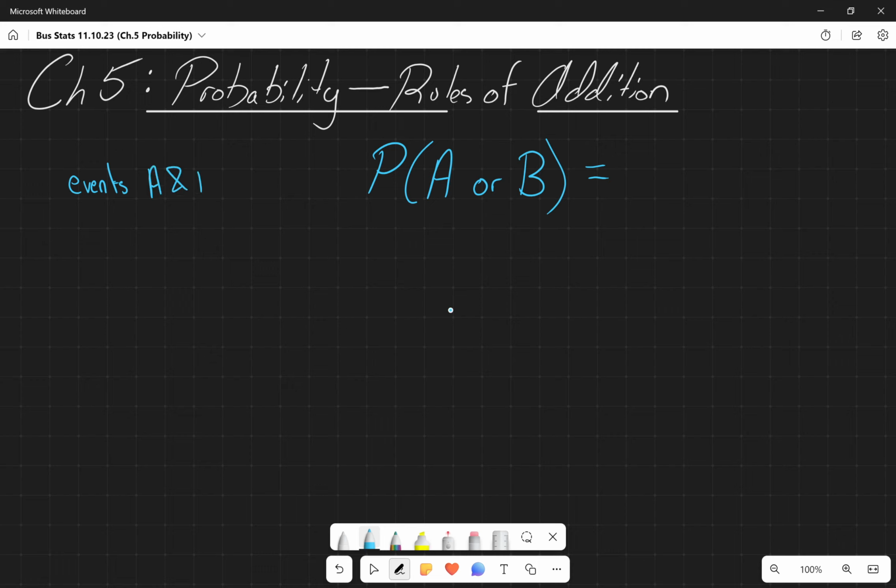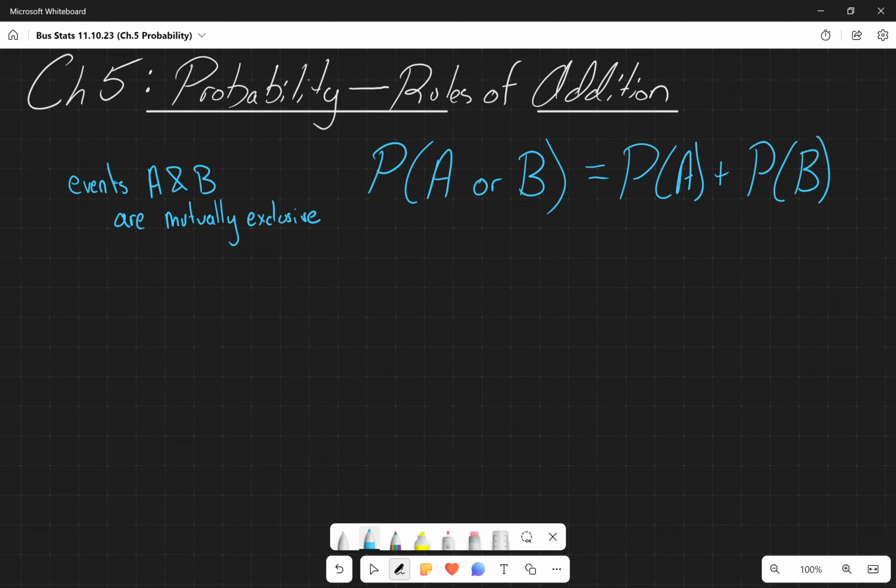A and B are mutually exclusive. Event A cannot happen when event B happens, and so on and so forth, right? When they are mutually exclusive, the probability of one or the other event happening is simply the sum of the individual probability of either event.